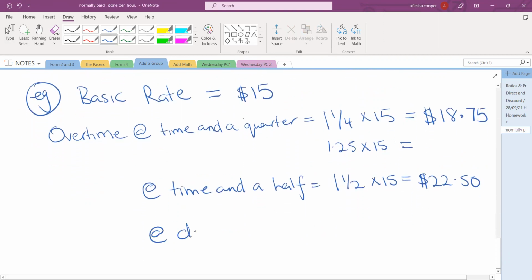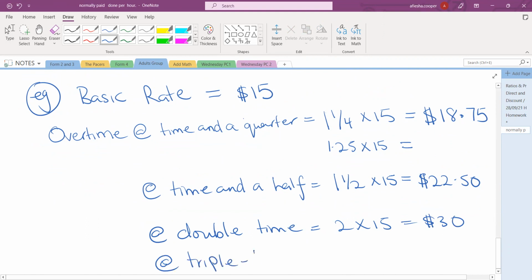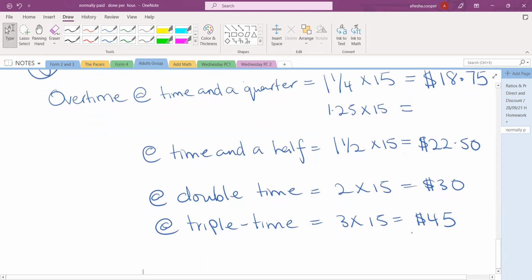Overtime at double time is just 2 by 15, which is $30. And at triple time it is going to be 3 by 15, which is $45. So imagine if you work a triple time for a few hours. Nice, right?